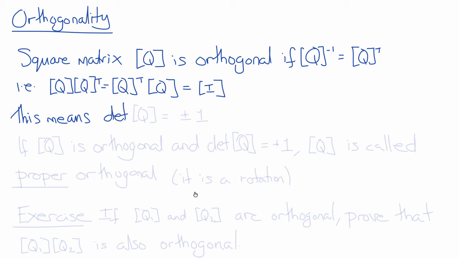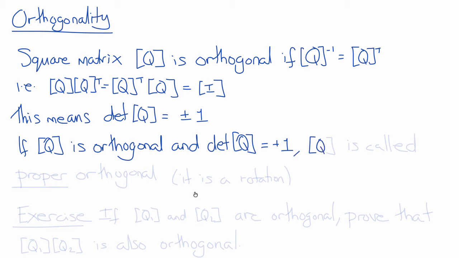If Q is orthogonal and the determinant of Q is positive 1, then Q is called a proper orthogonal matrix. So a proper orthogonal matrix is a rotation. If the determinant was negative 1, there could be a reflection in that orthogonal transformation.